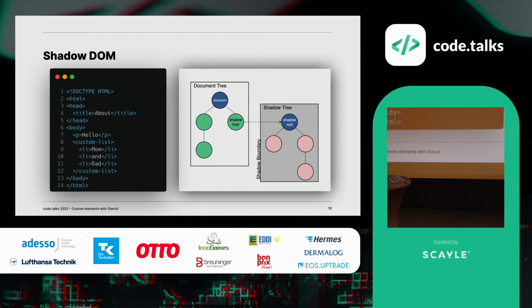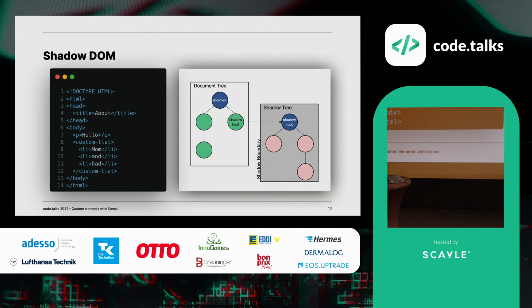On the right side, you see the usual document tree. This document tree is the light DOM. Within this document tree, there is this one green circle called the shadow host. This is the one node containing the shadow tree. And in between those two DOMs, there is something called the shadow boundary.